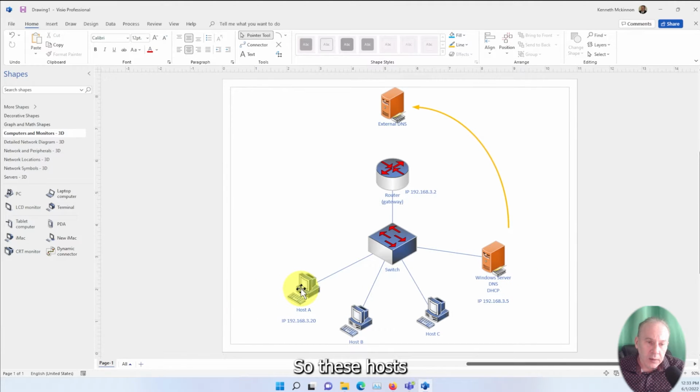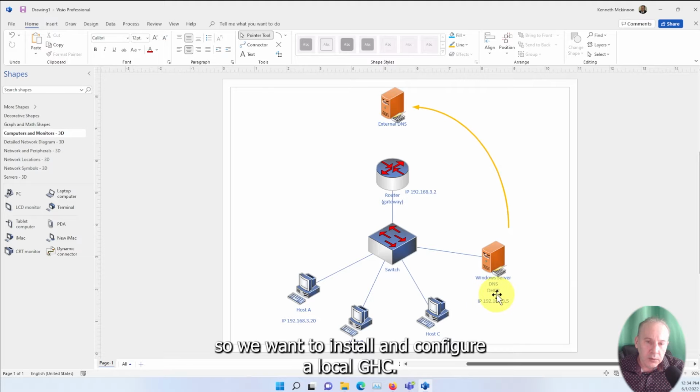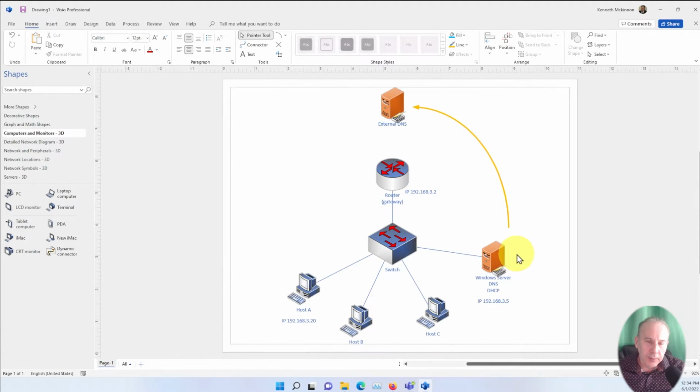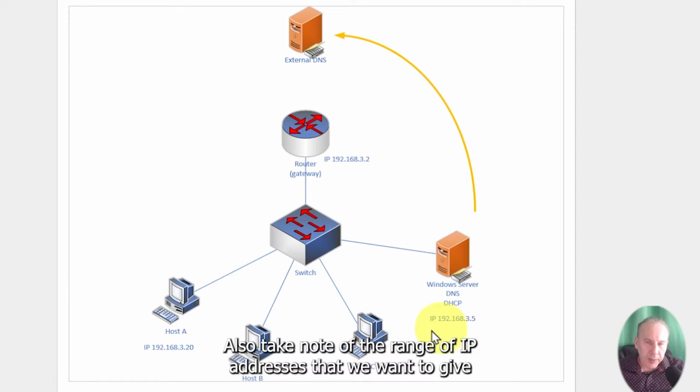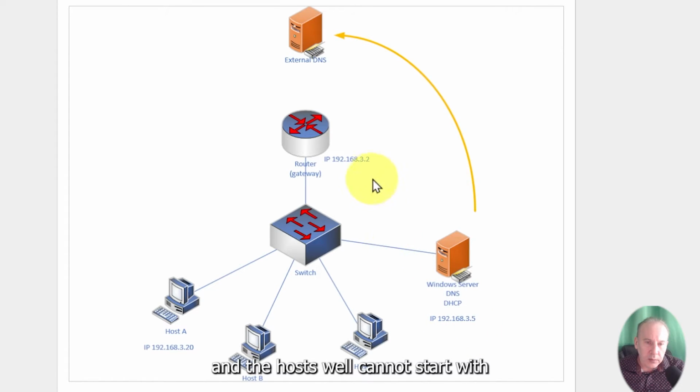So these hosts should be going to look for a local DNS or DHCP server, which is right here. So we want to install and configure a local DHCP. Also take note of the range of IP addresses that we want to give. In this case, the subnet is 192.168.3, and the host cannot start with 2, can't start with 1 or 2 or 0.